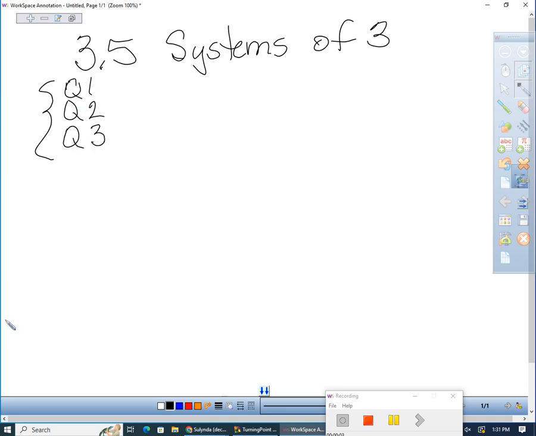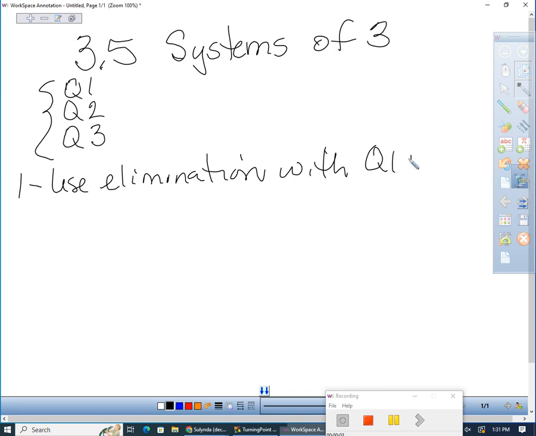All right, the steps we talked about yesterday was we said step 1. We use elimination with equations 1 and equation 2 to eliminate a variable.